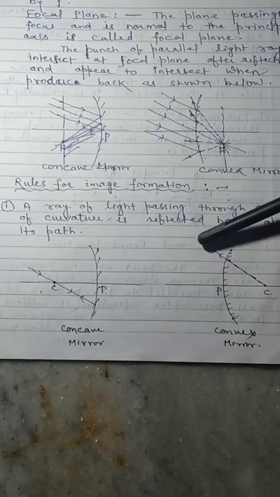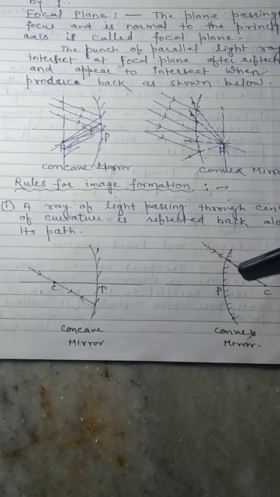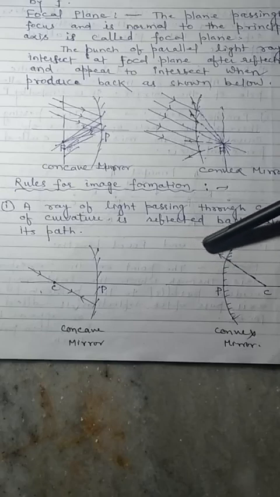See, a ray appears to come from center of curvature. It is reflected back along its path. When it is produced, it is seen to pass through center of curvature.